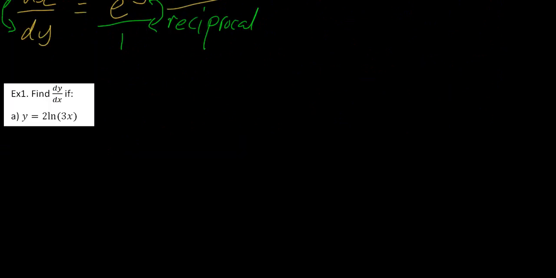Now if we have y equal to 2 ln 3x, then what you can do here is ignore the 2 for now, because we've multiplied the derivative by 2. So we have a 2 at the front, and all we're concerned with is the ln 3x.